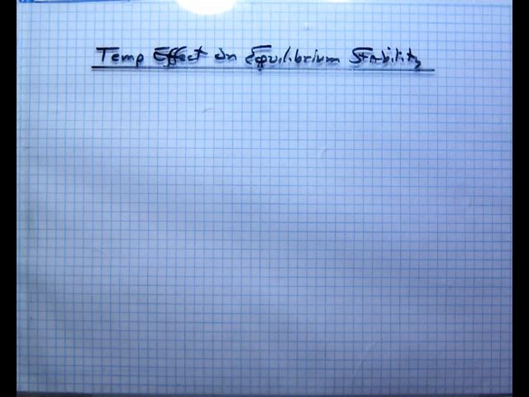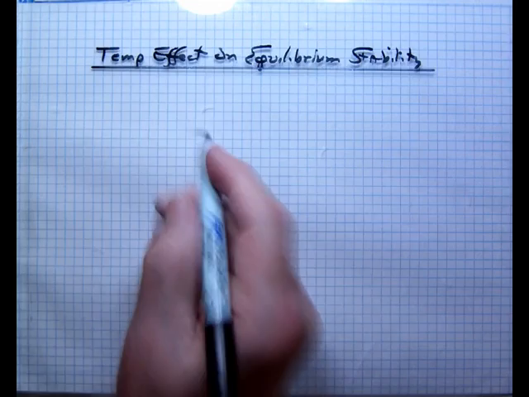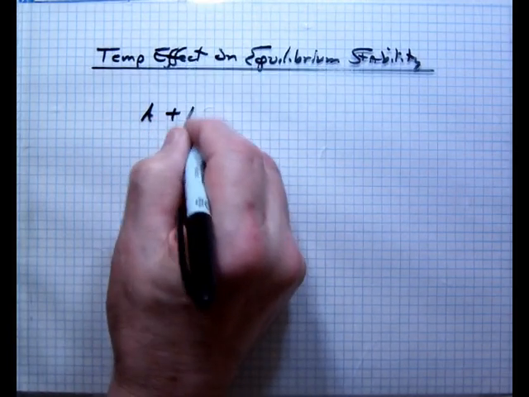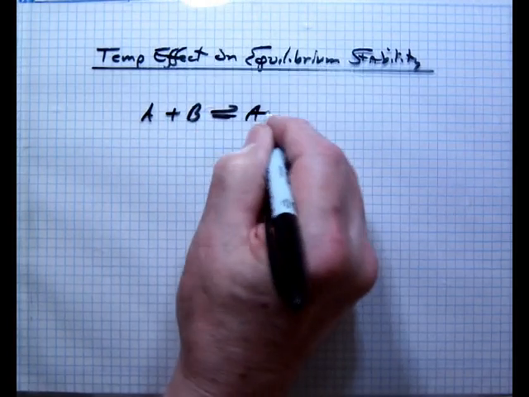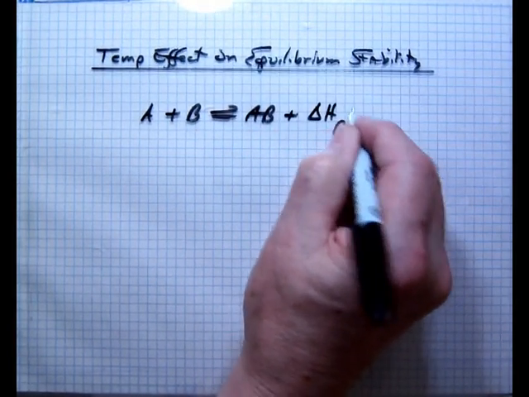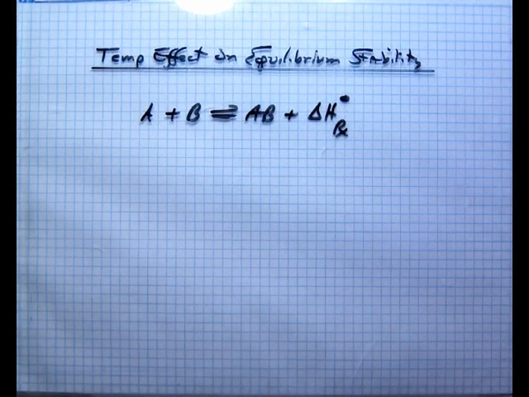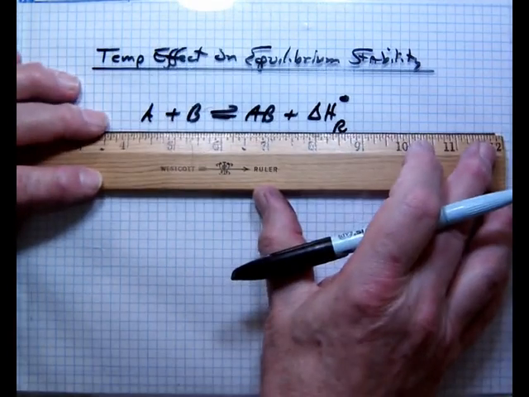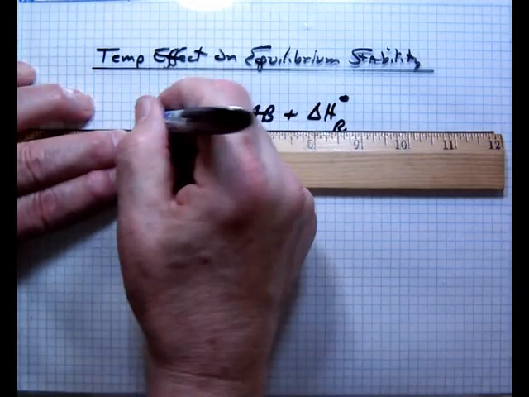If I have an exothermic reaction, A plus B in equilibrium with AB, including the delta H of reaction, the reason you do it this way is so we can use the seesaw principle, if you will.